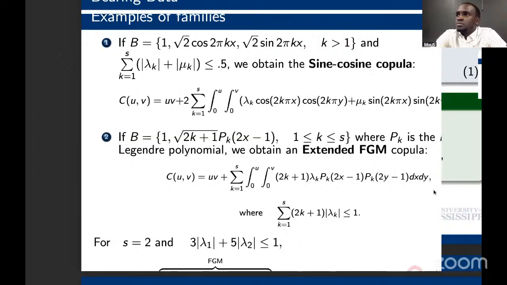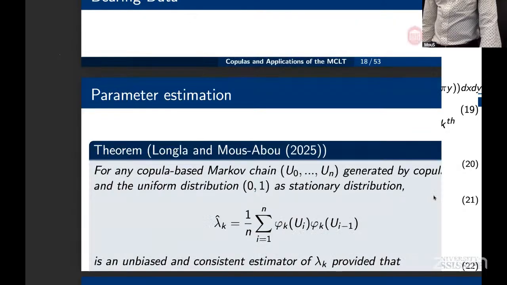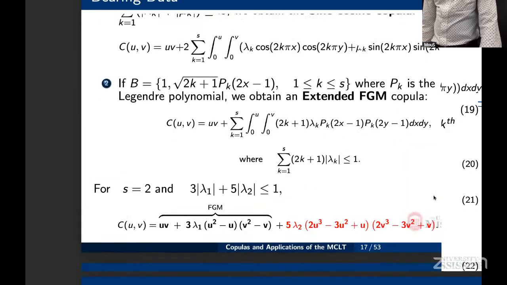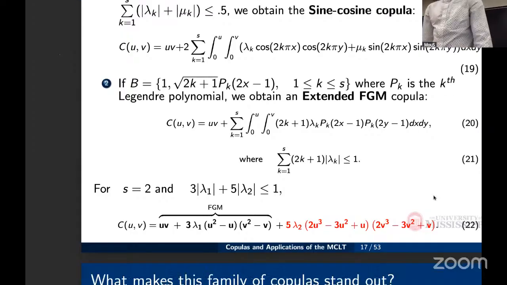So I see a lot of theorems from Dr. Longland that you're citing. There are some open questions that you worked on, the sine cosine copula. Yes, we showed the central limit theorem for the estimator, and we worked on this copula family in general, but we presented a concrete example based on the sine cosine extended FGM and the cosine copula in a finite dimension.